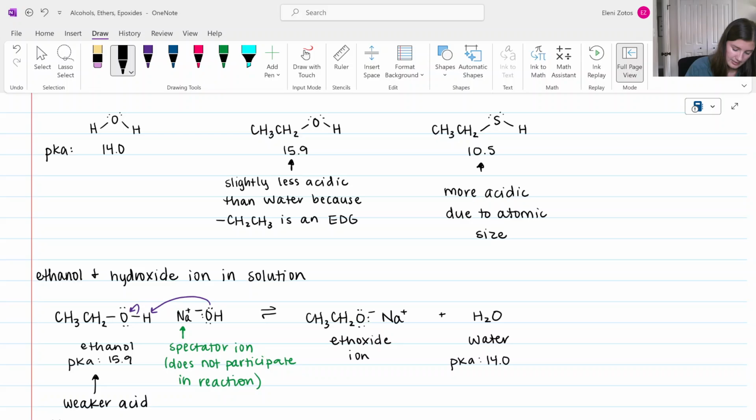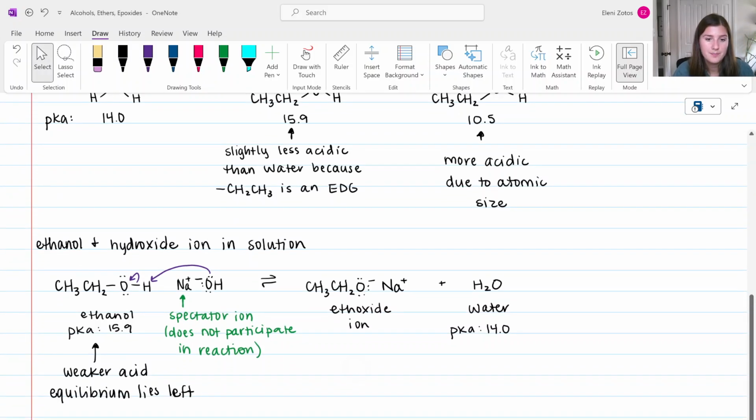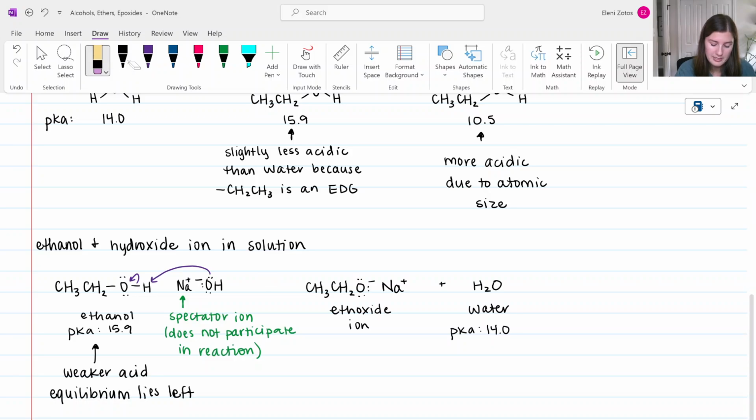And that tells us that equilibrium lies left or to the reactant side. And we can represent that with the equilibrium arrow between reactants and products, having a longer arrow towards the reactants and a smaller arrow towards the products.